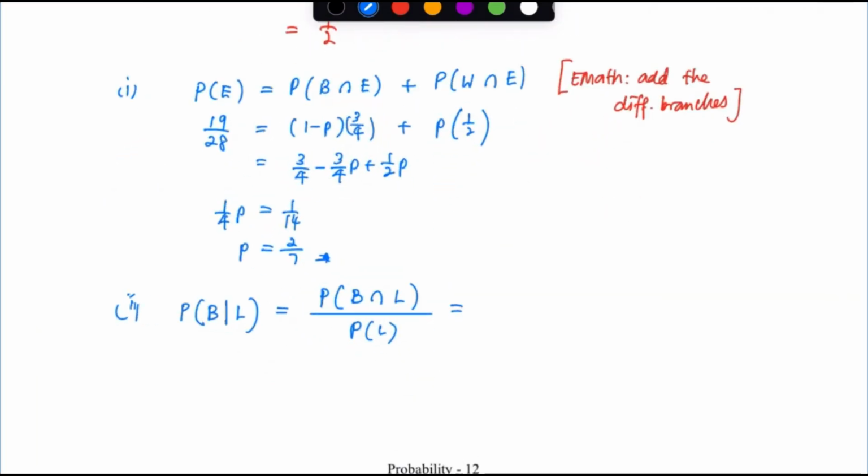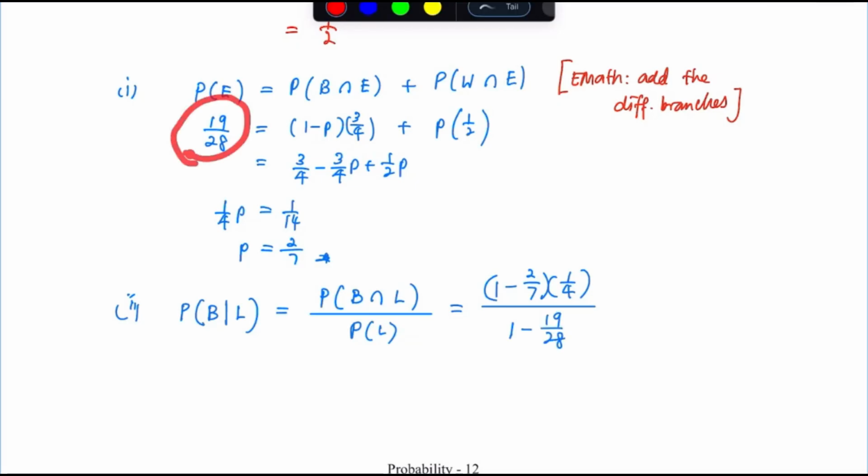So this would be 1 minus P times 1 over 4, divided by the probability that she'll be late, which is 1 minus 19 over 28, because the probability that she'll be early is 19 over 28, so we take 1 minus that. Making use of your calculator, you can solve this to 5 over 9. Very straightforward.